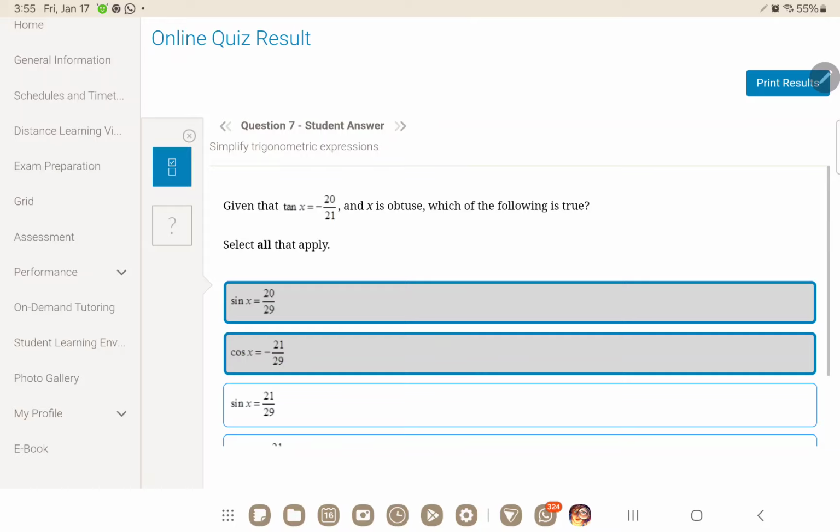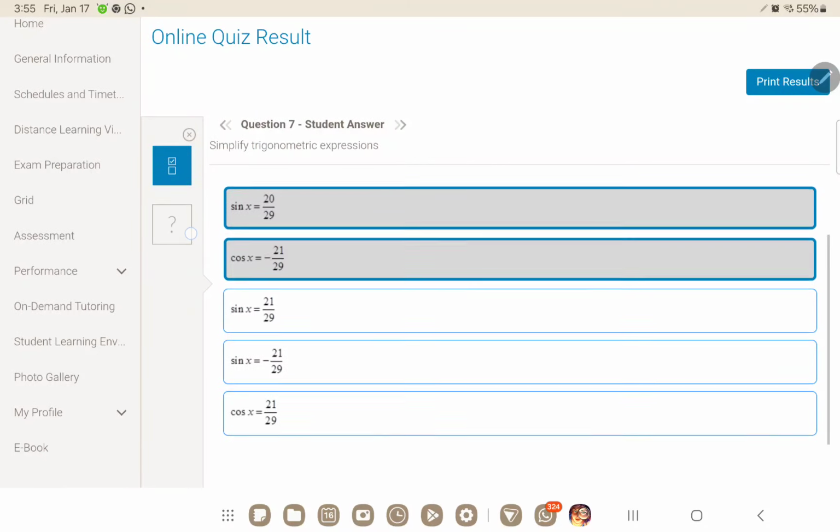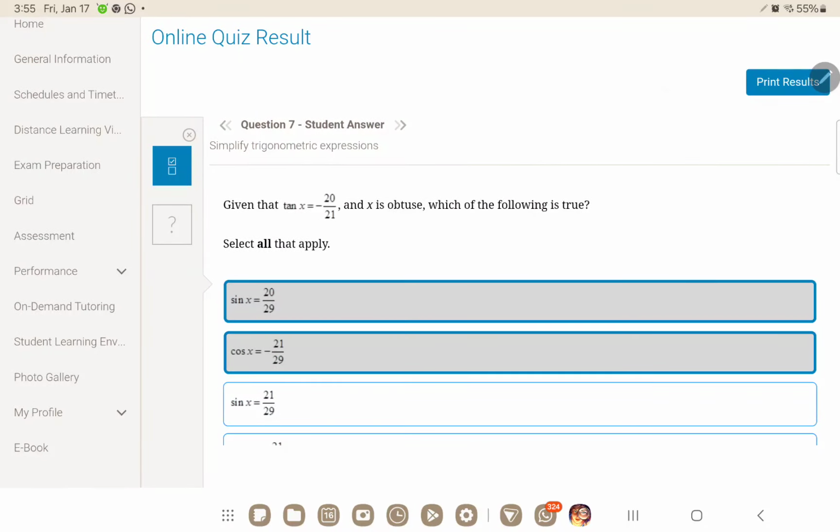Okay, for this question, it's really easy. Just look. Given that tan x equals negative 20 over 21 and it's obtuse, which of the following is true? For these questions, I want you to take a look at all the sines and the cosines you have in your answers. We know that tan is sine over cosine.